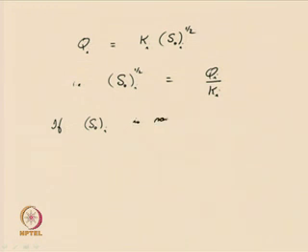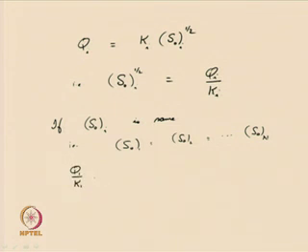Okay. So, if your S naught I is the same for all the subsections, that is, as mentioned earlier, S naught 1 is equal to S naught 2, is equal to all the n subsections of the cross section of the compound channel, then you can devise a strategy that your Q 1 by K 1 is also equal to Q 2 by K 2, which is Q 3 by K 3.